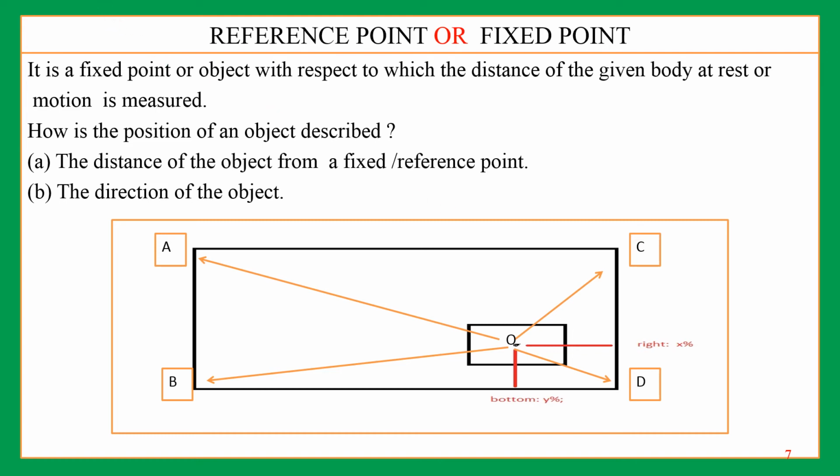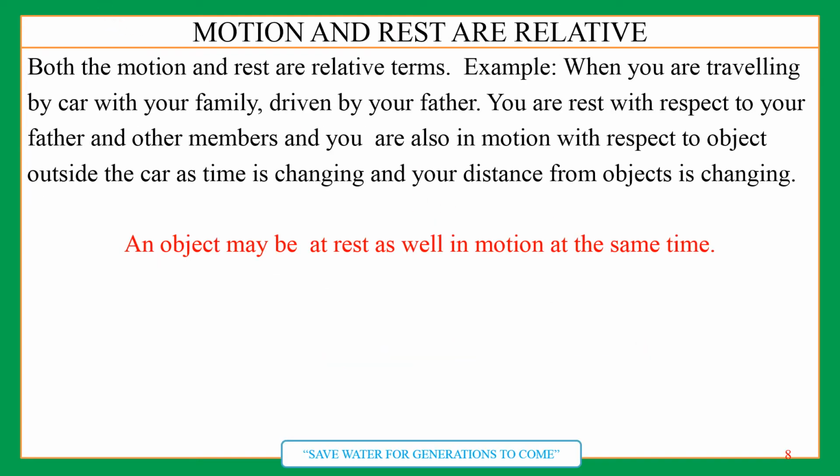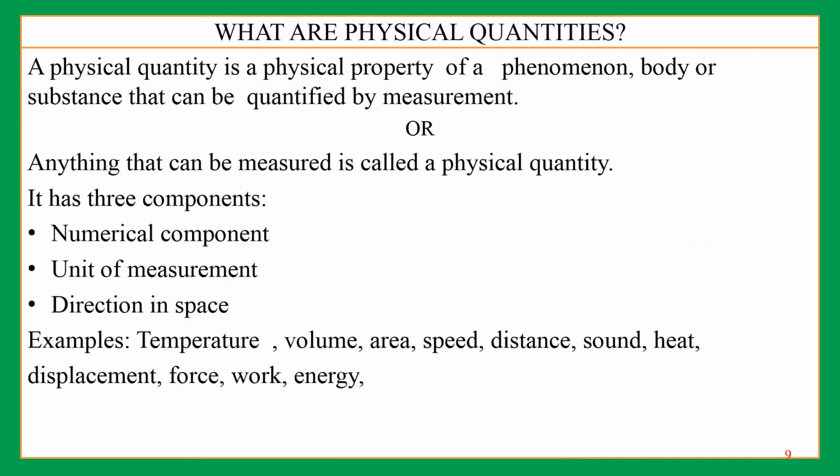Okay, now we are coming to the next topic. Sometimes we talk about distance and speed, like my father is driving a car at the speed of 60 km/h in the north direction.